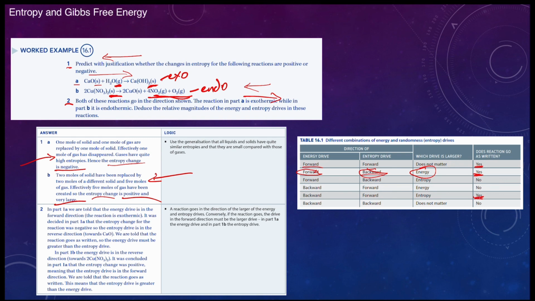And we have a backward energy drive, and we have a forward entropy drive. Entropy is the dominant driver there. Again, you might want to have a quick read through the justifications here to see how we arrived at that. And then I'll get you to move on to the next slide, where I'll get you to do one of your own.